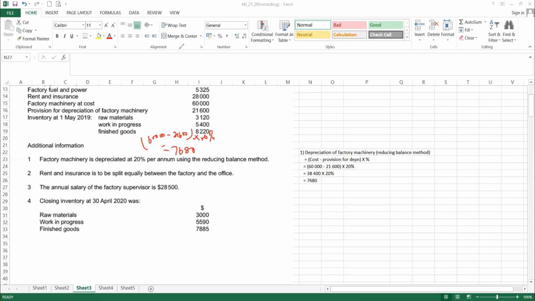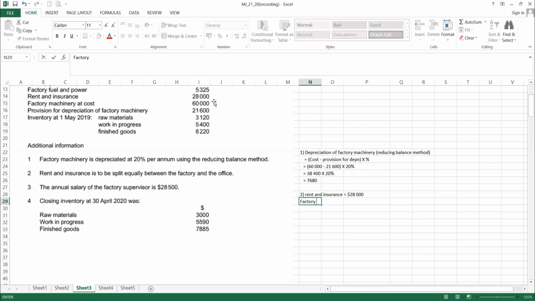Okay, the next one: rent and insurance to be split equally between the factory and the office. That means for number 2, the total amount of rent and insurance in the trial balance is 28,000. This is split equally between factory and office.